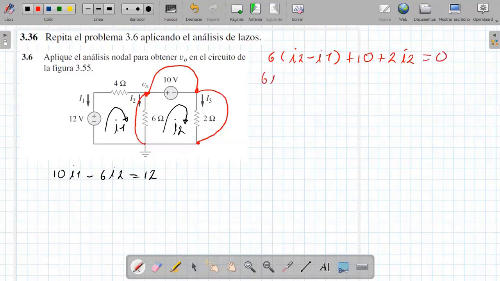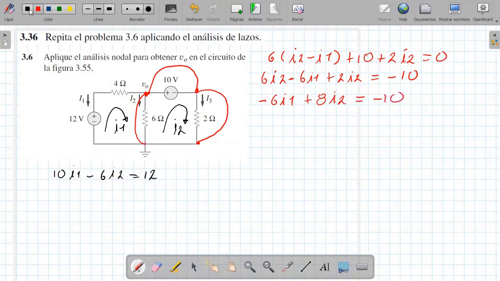We apply algebra: 6 I2 minus 6 I1 plus 2 I2 equals minus 10. So minus 6 I1, and in loop 2 it would be plus 8 I2 equals minus 10. So the equation would be minus 6 I1 plus 8 I2 equals minus 10.